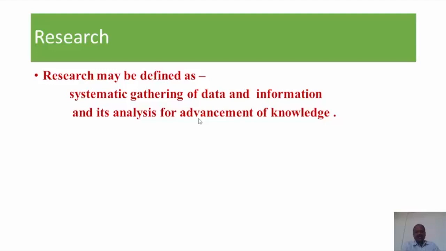There is a differentiation of 2. This may be a knowledge derived from that information. So data, information, knowledge, these are three important words. So research is systematic gathering of data and information and its analysis for advancement of knowledge.